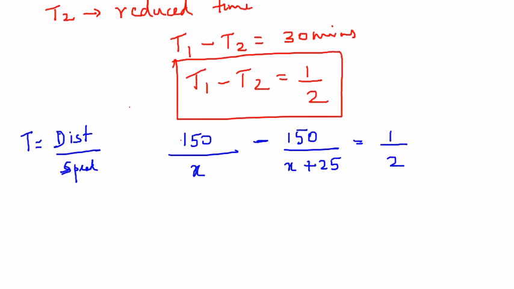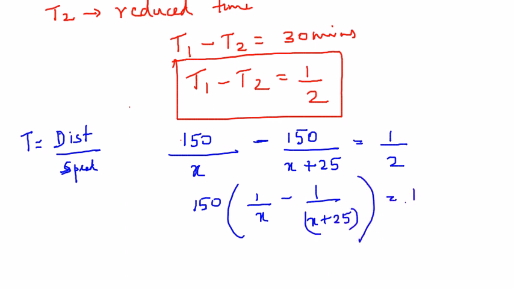Now I'll take 150 common: 1 by x minus 1 by x plus 25 is equal to 1 by 2.